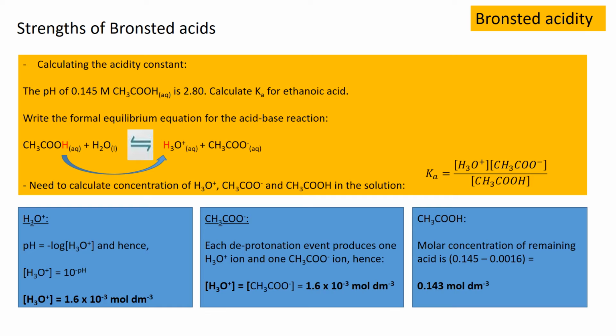Perhaps the easiest thing to calculate is the concentration of H3O plus, because we've got a value for the pH, and we know that the pH is equal to minus the logarithm of the concentration of H3O plus ions, and we can rearrange that to solve for the concentration of H3O plus, which is equal to 10 to the power of minus our pH value, which is 2.8 in this case. When you calculate that, you get a value for H3O plus of 1.6 times 10 to the minus 3 moles per decimeter cubed.